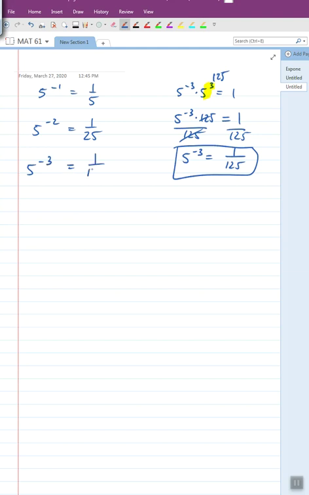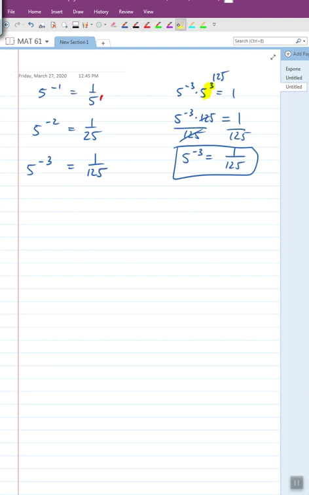Okay, do you all see the pattern in looking at these powers of -1, -2, and -3? It looks like 5 to the negative 1 is 1/5 to the 1.